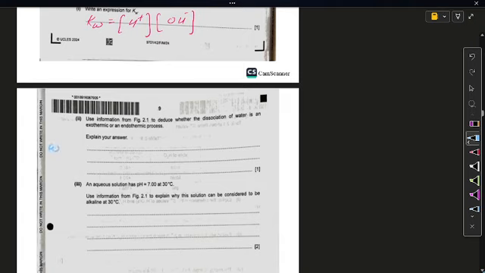So you can write the answer in this way. With the increase of temperature, the product of H positive ions and OH negative ions increases.